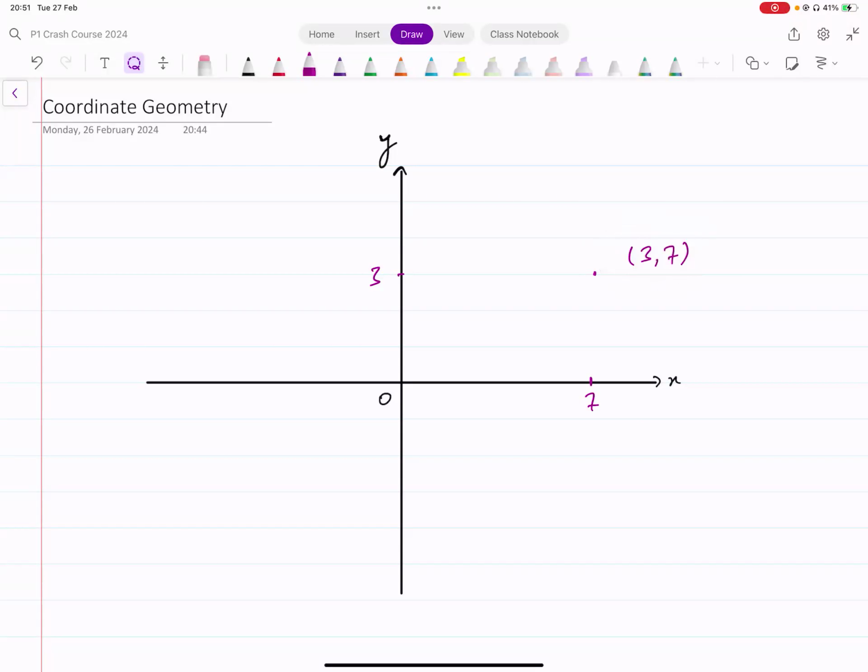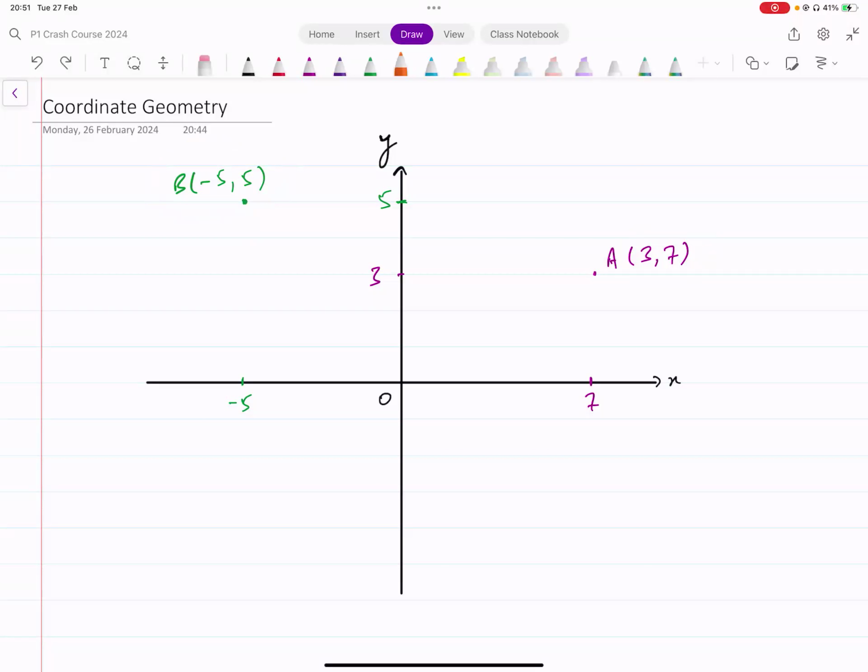Let's say you have another point, maybe here, and let's call this point B. Let's say this point has coordinates -5 and 5. So these points A and B have coordinates 3, 7, and -5, 5.